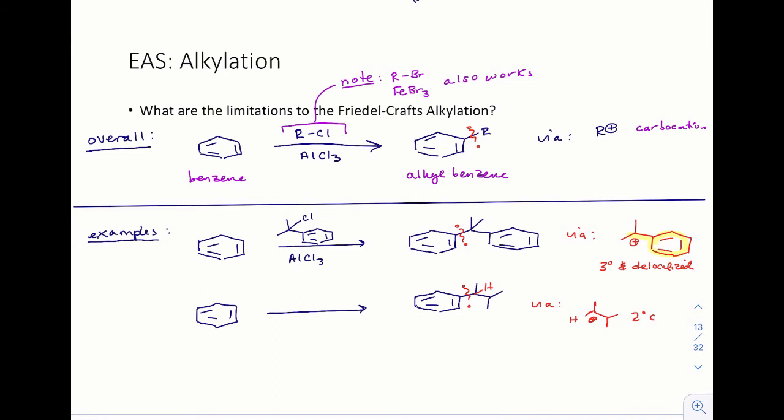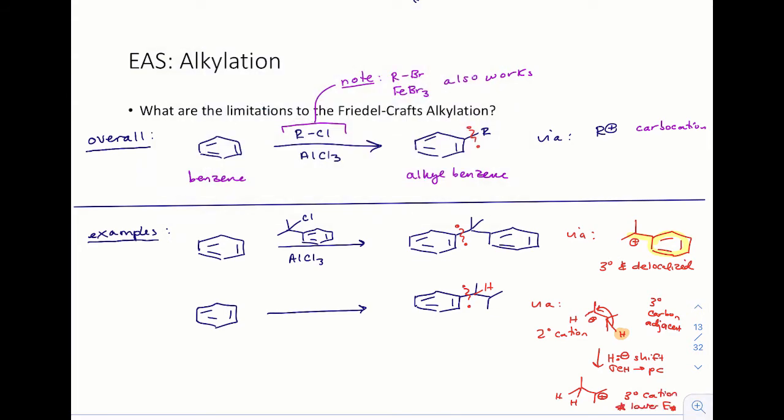This is a secondary cation, which we know is not the highest energy type of cation, but that secondary cation is adjacent to a tertiary carbon. So we know that this cation will rearrange, and it will do so in a hydride shift. We can draw the curved arrows like this. So sigma CH migrates to the empty p orbital, and that happens because a tertiary lower energy cation is obtained.